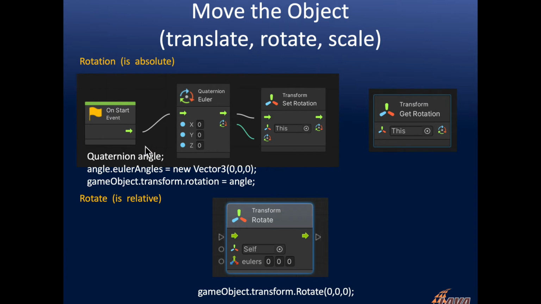However, Unity also provides a node that converts from Euler, which represents orientation in 3 numbers, into a quaternion that represents it in 4 numbers. So you can use this quaternion Euler converter node, and whatever 3 numbers you type in for rotation around x, y, and z will be converted, and then you can feed that output into the input of this node. Just like the translate and position node, you have nodes that let you get the current rotation of the object using the transform get rotation node.